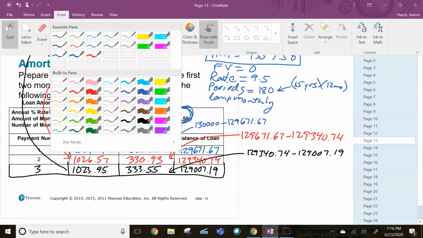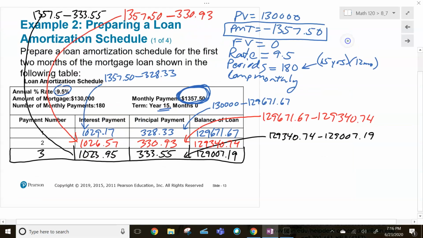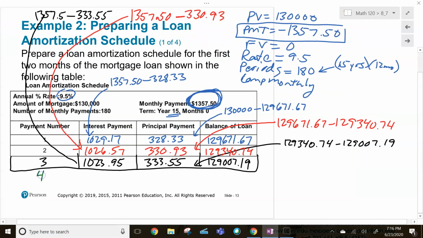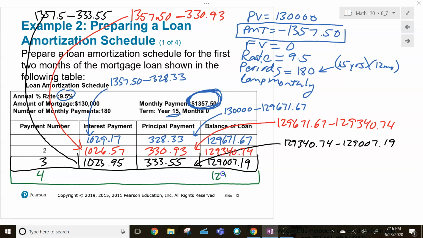This is the fourth payment. Oh, I'm sorry, it was 128,671 is what I owe after that fourth payment.